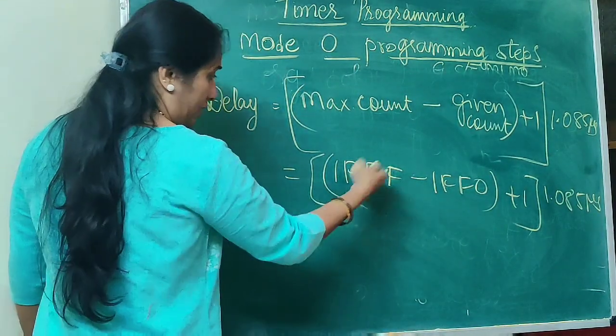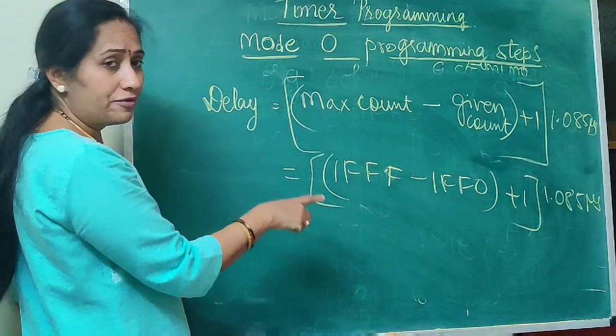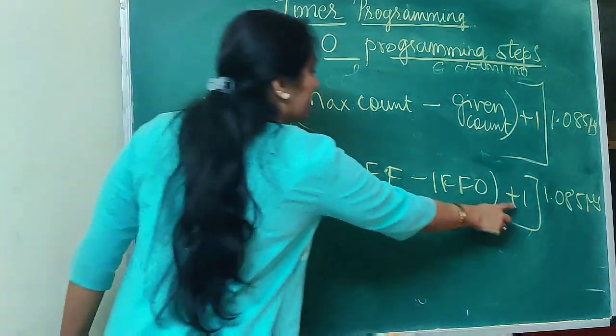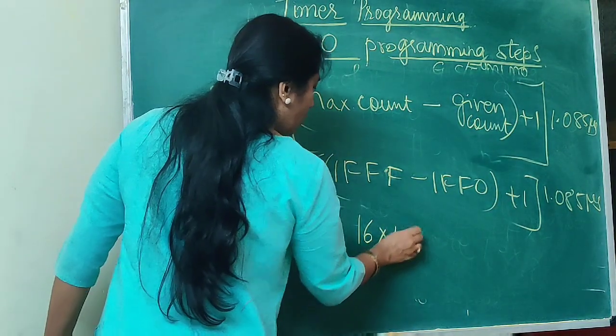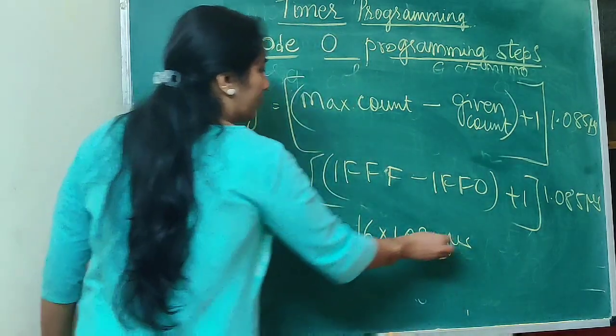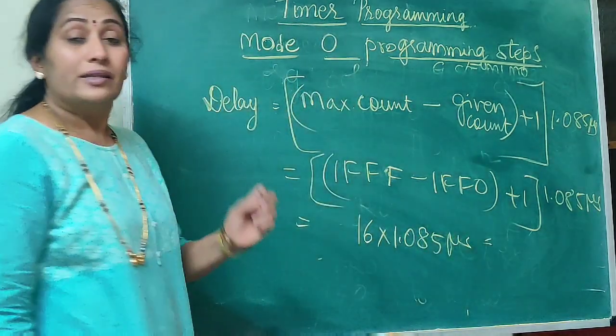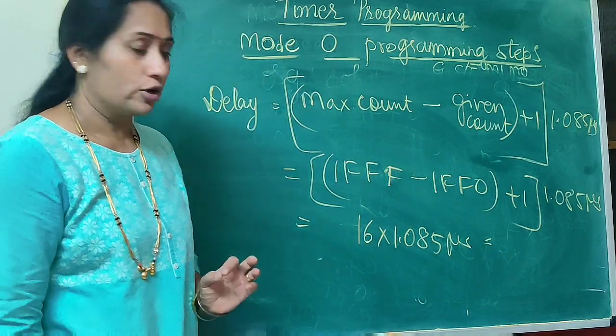So if I subtract, then I am going to get F over there. F means 15. 15 plus 1 is going to be 16. 16 into 1.085 microseconds. Whatever value I get after multiplying this, that much will be the time delay produced.